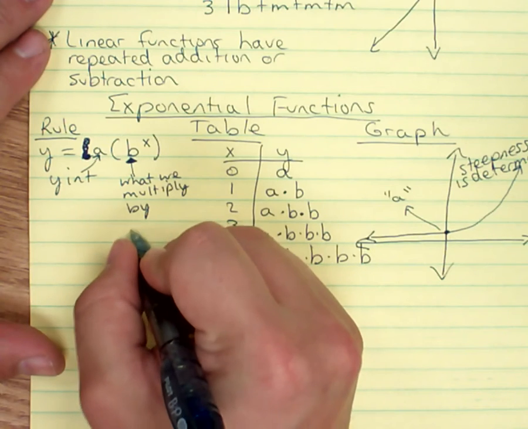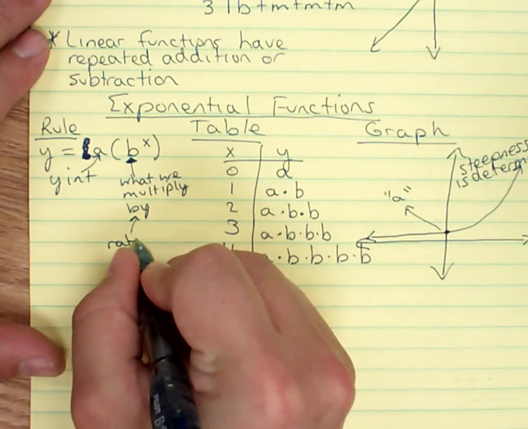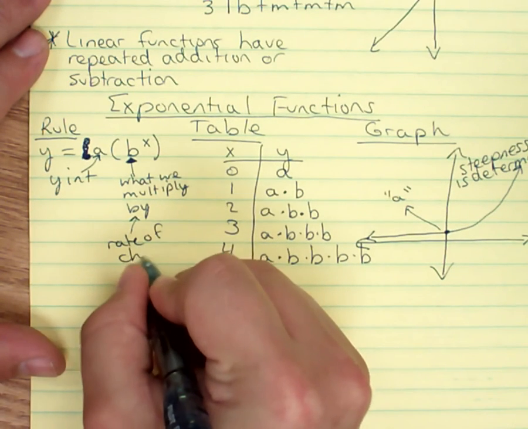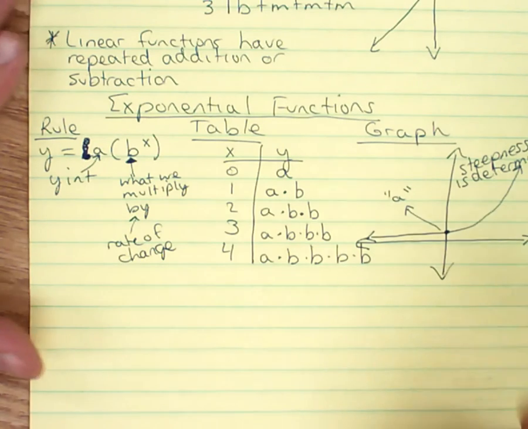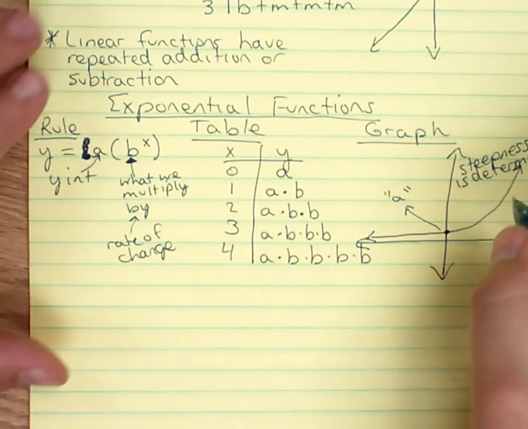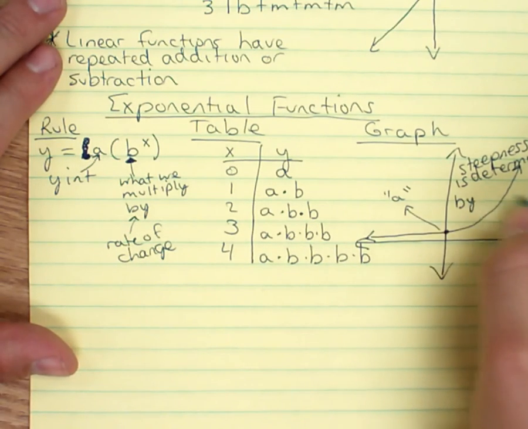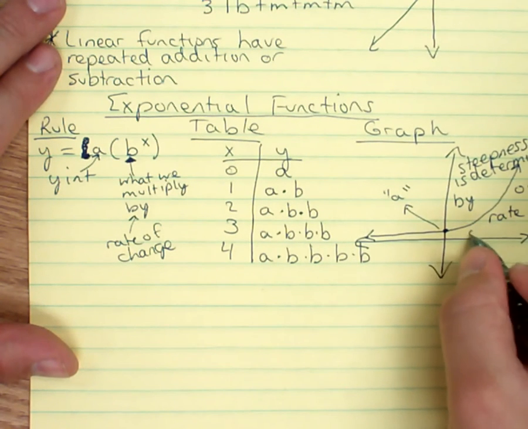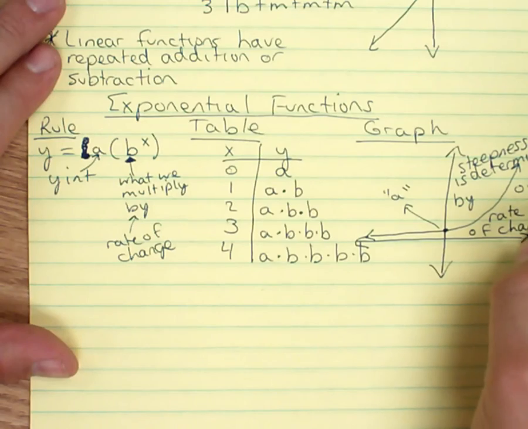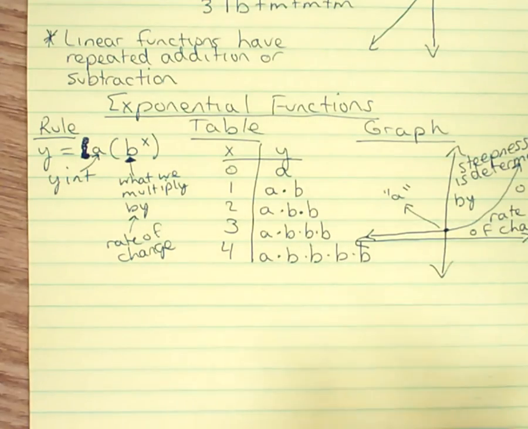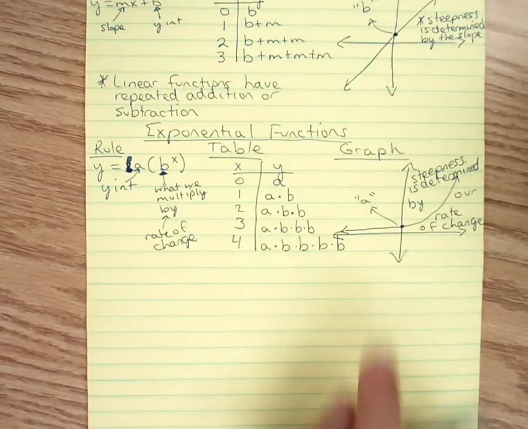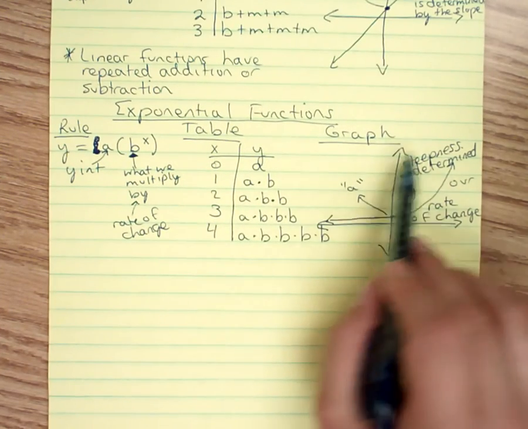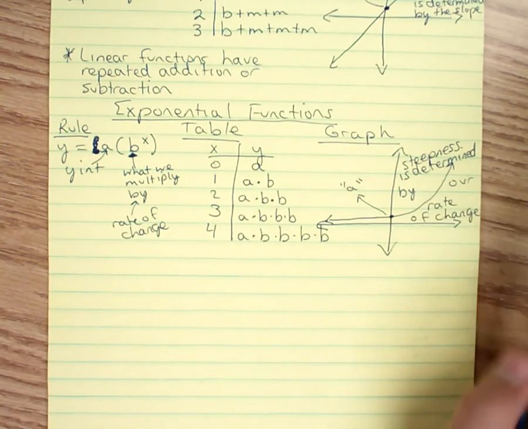By our rate of change. That's another way of calling that. We put that as ROC, rate of change. Steepness is determined by our rate of change.